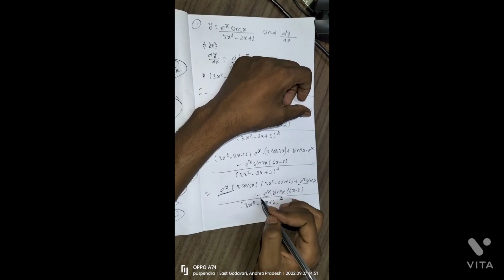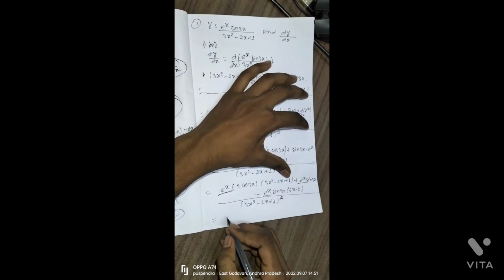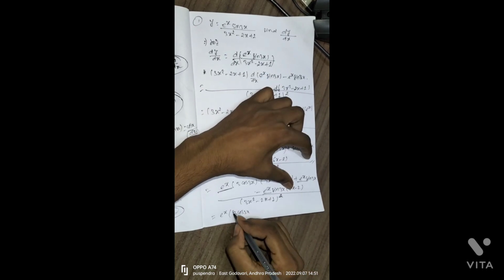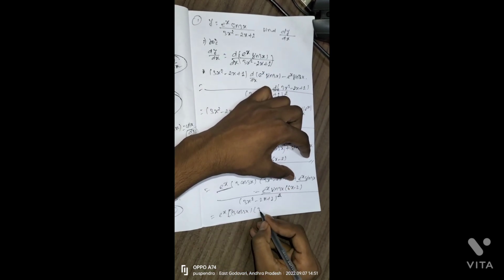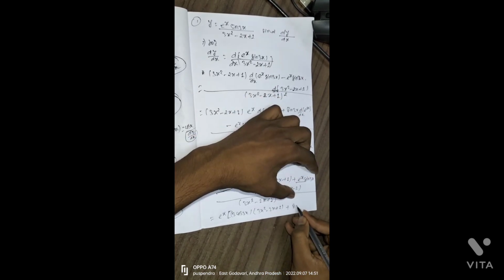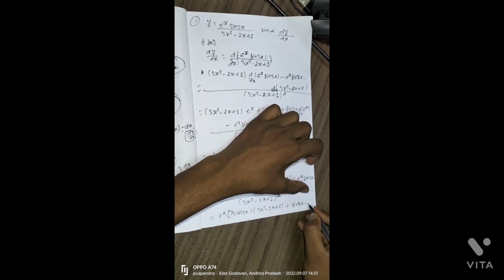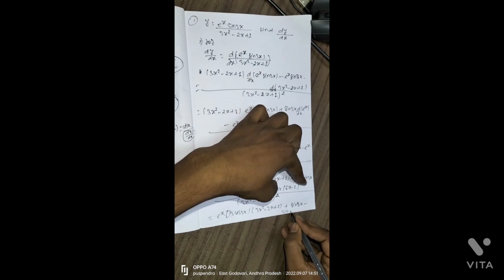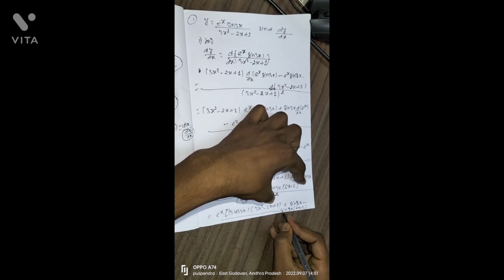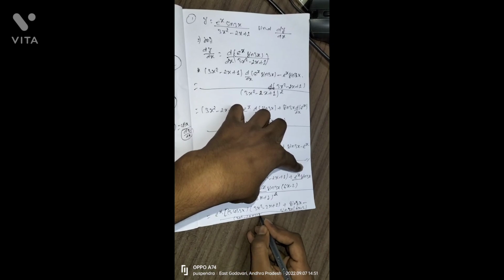In an objective question, what will they give as the answer? e to the power x times 3 cos 3x times 3x square minus 2x plus 1 plus sin 3x, minus sin 3x by 6x minus 2, upon the same 3x square minus 2x plus 1 whole square.